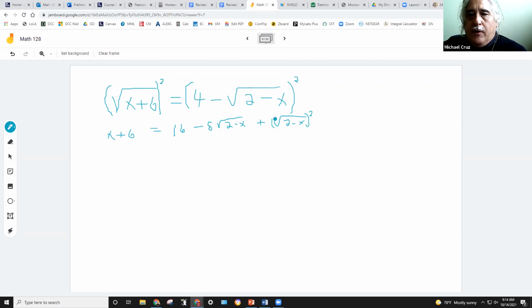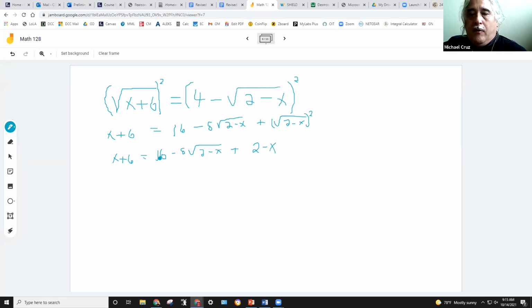It's this squared, it's this one squared, and in the middle you got 4 times this times 2, which gives you 8. And then squaring that just takes it out of there. And you see now you only got 1 radical.